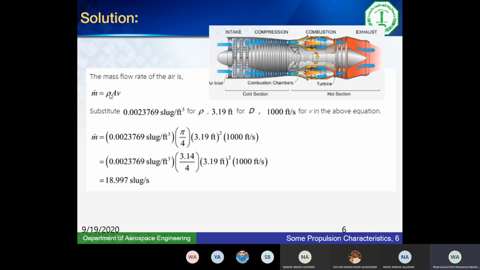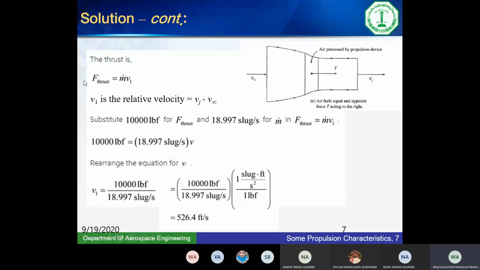So as you asked a few minutes ago, would the diameter affect the thrust? Yes. If you double the diameter, you have increased the cross-section area 4 times, because it has d square in there. Then you have increased m dot 4 times, and that means you have increased the thrust 4 times. It's as simple as this.